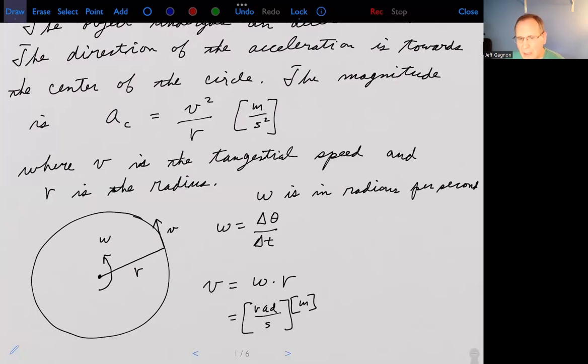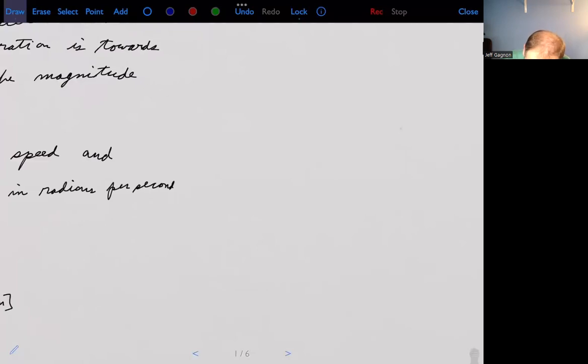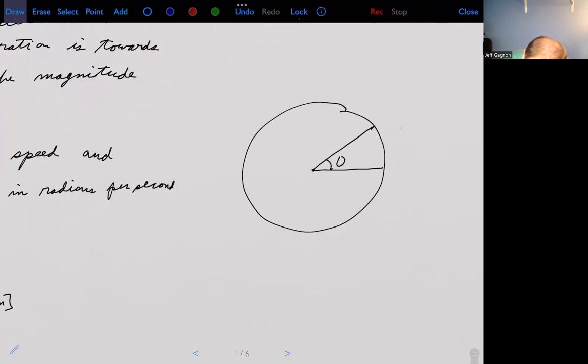If I multiply those units together, you have to remember radians really is just to remind you that the angle is in radians. It's not really a unit, it's really unitless because it's a ratio, right? Remember, here, let me do this for a second over here. If we have an angle here, say theta, and this is r, and let's say we know this arc length, the length along the circle here, we'll call s, then radians are defined, if that angle's in radians, to be the length of that arc, so the arc length divided by the radius.